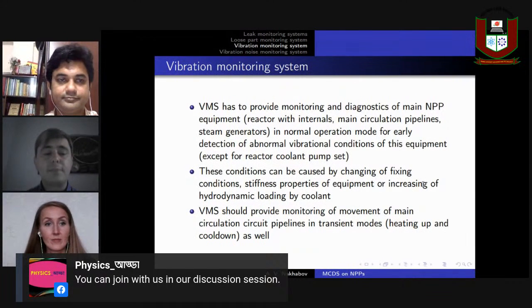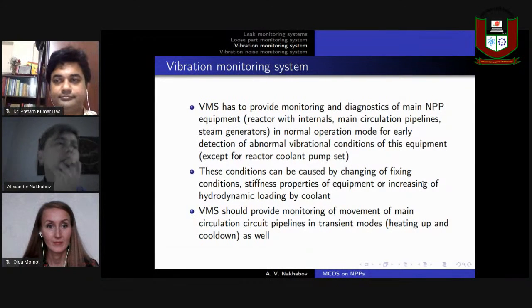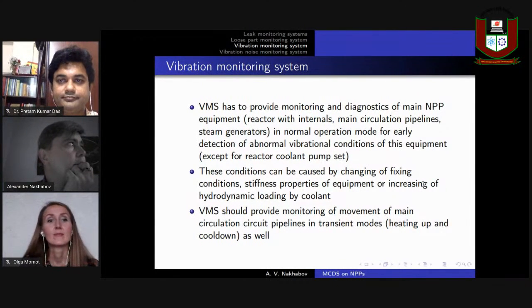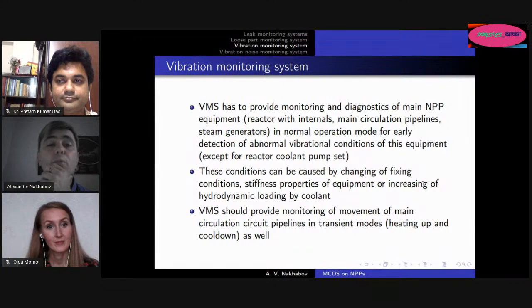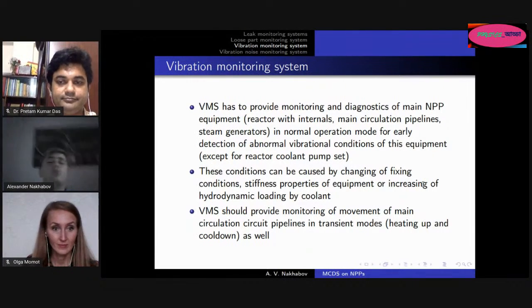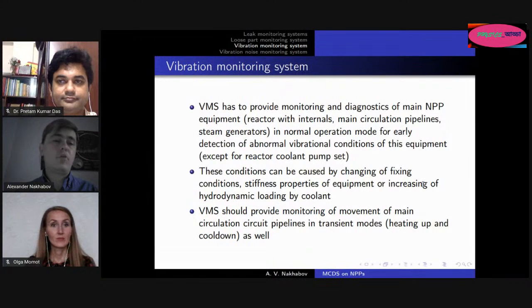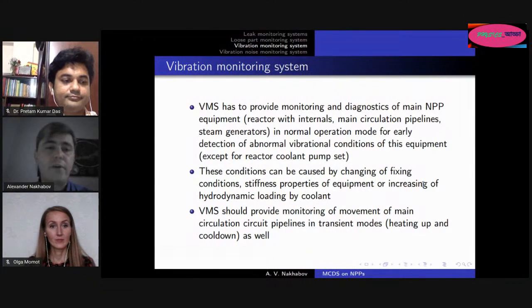The next system, vibration monitoring. Vibration monitoring maybe is the most common of all the systems. Most common means not a specific nuclear monitoring system, but I guess it's maybe obvious for you that vibration monitoring is very important in very different areas.